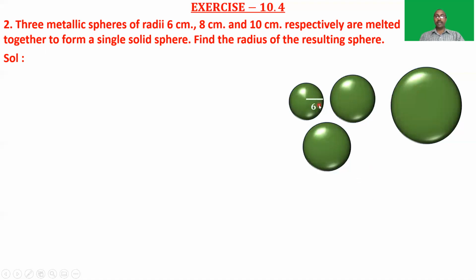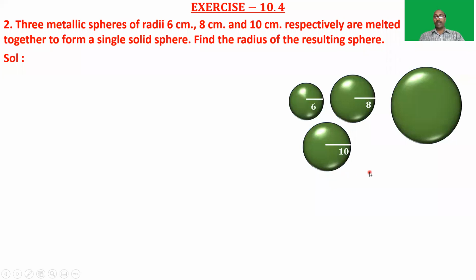Here the radii of the small spheres are 6 cm, 8 cm and 10 cm. And let us take the radius of the large sphere as capital R. Take these radii as R1, R2 and R3.